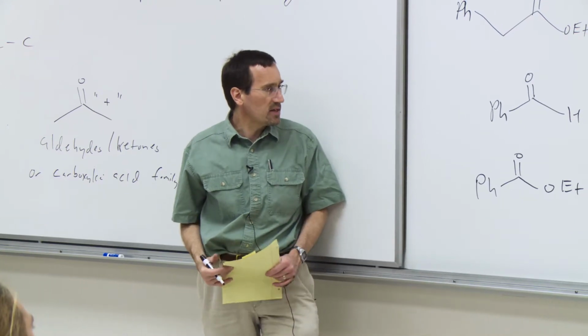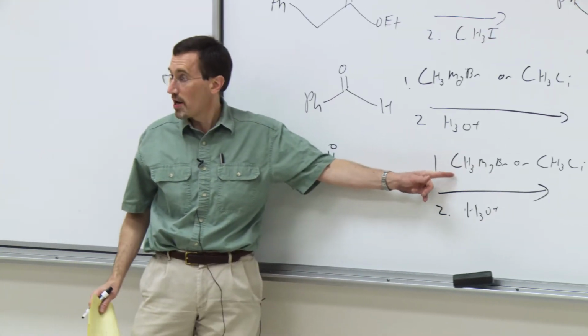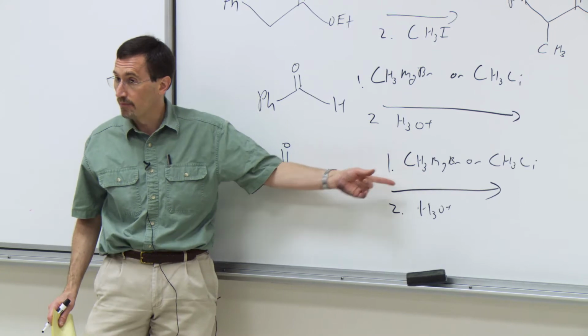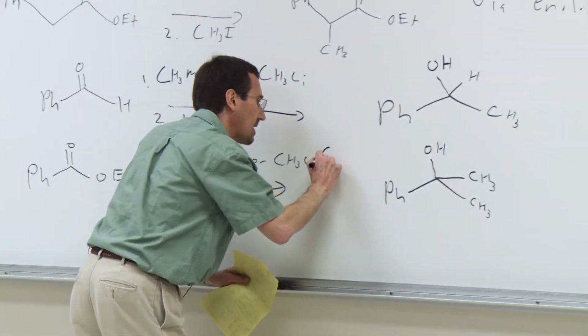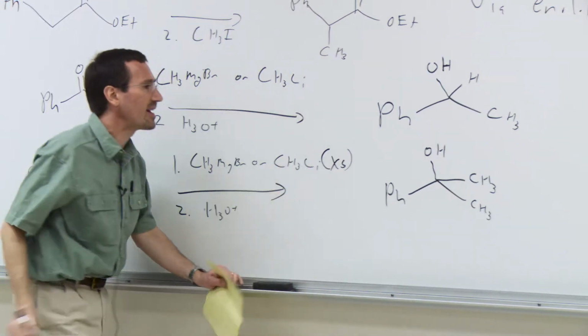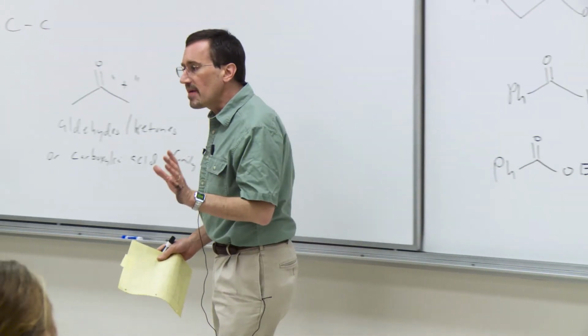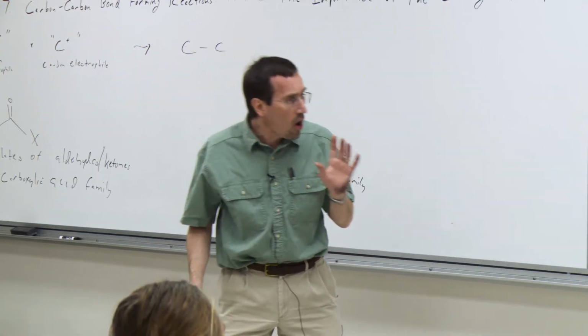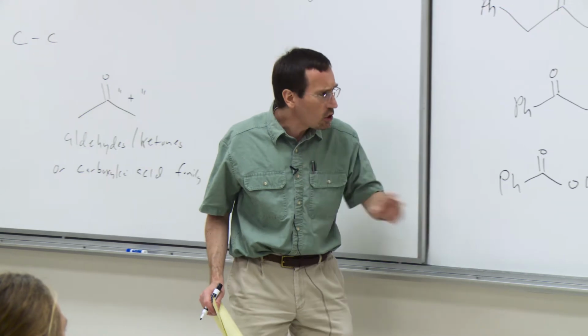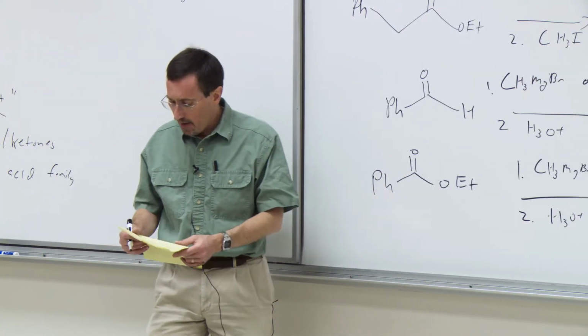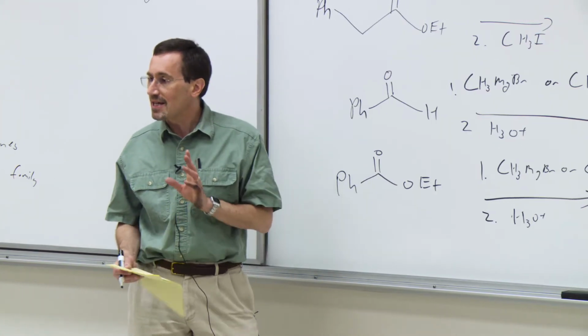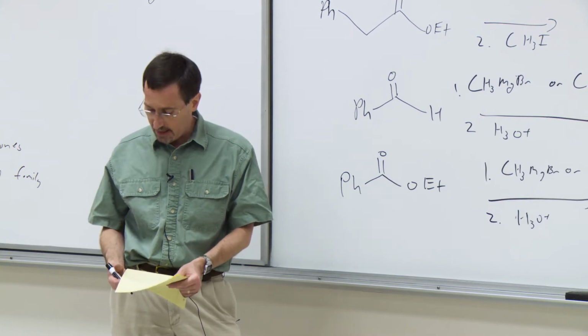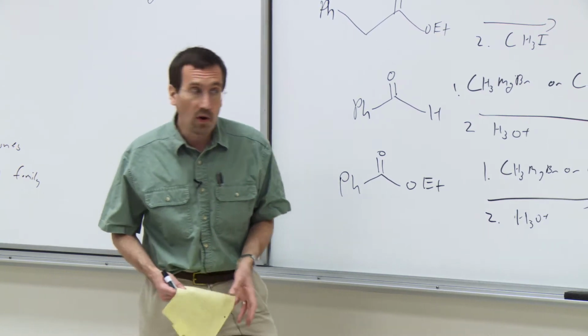Now you might look and you might say, OK, but I didn't draw two equivalents over the arrow. I probably wouldn't. Or I might write excess, often abbreviated as XS. But the main point here is not only that two equivalents add, but that the nature of the beast is you really can't stop the addition at one equivalent.